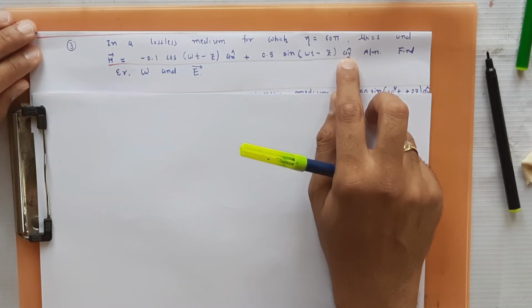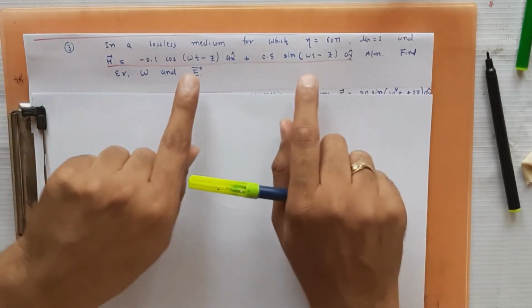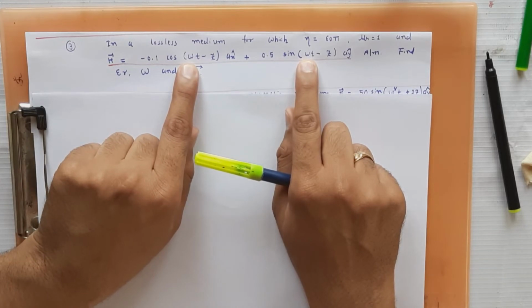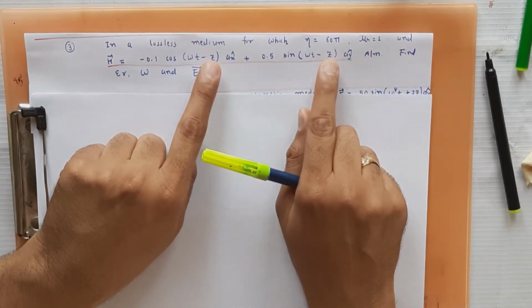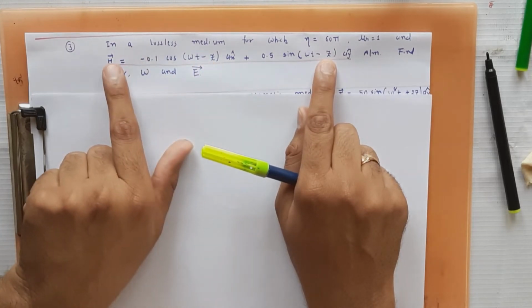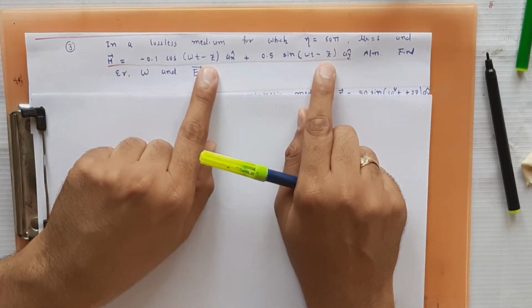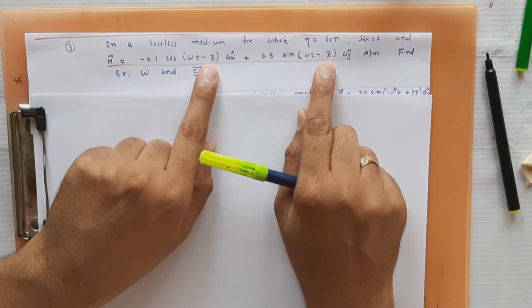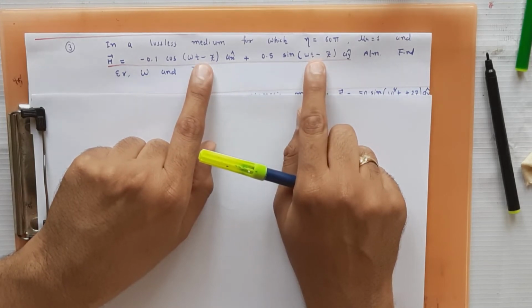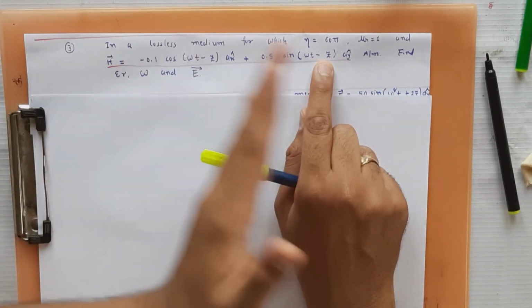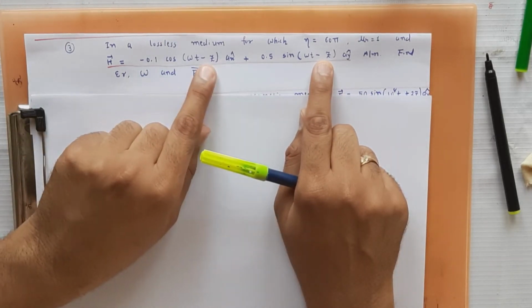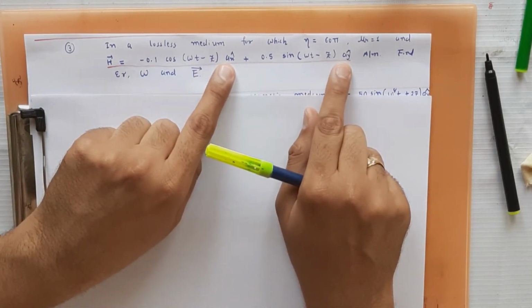The frequency of both components must be the same, and the propagation direction is also the same. So in which direction does this magnetic wave propagate? It propagates in the positive z direction. Why positive? Because here there is a negative sign. See here it is minus, so we say this wave travels in the positive z direction, but the components of the wave are present in the x as well as the y direction.